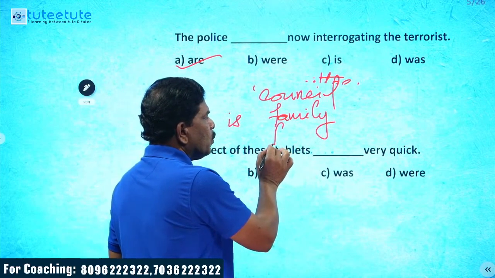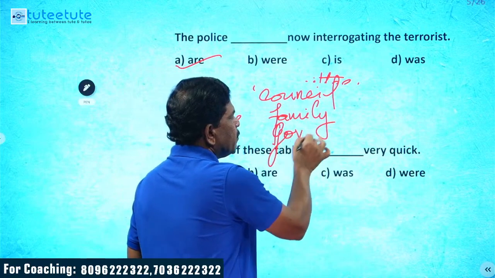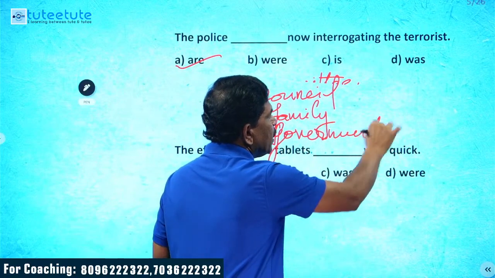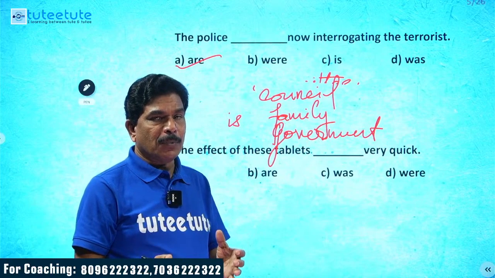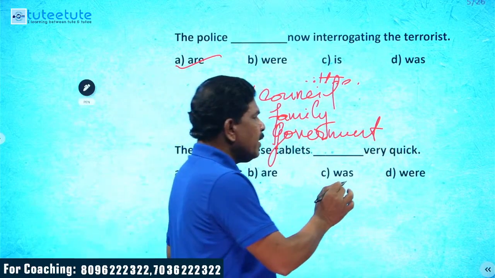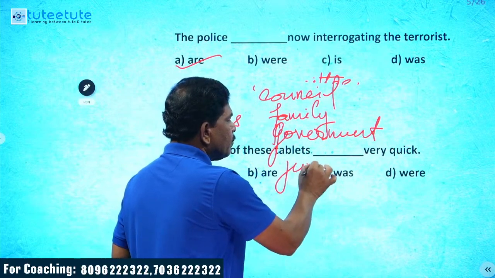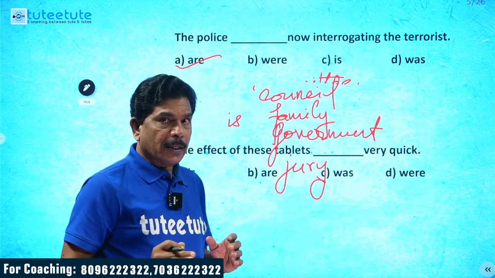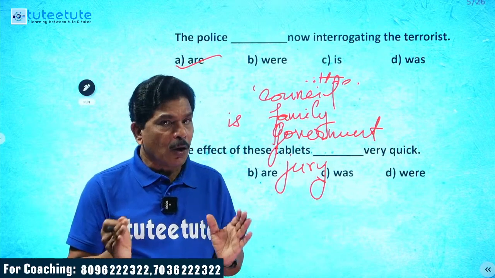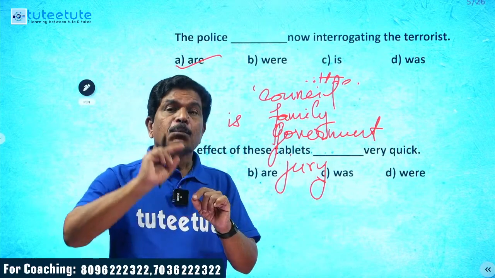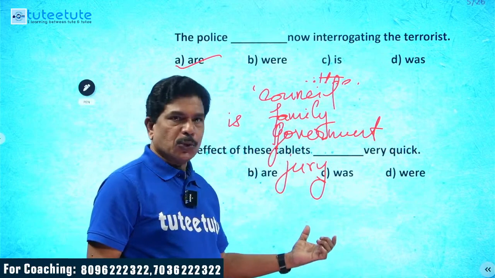Then we know government. Government is a system. Along with that, it consists of people. Then we have jury. Jury is a panel of judges. You need more than one judge in a jury.